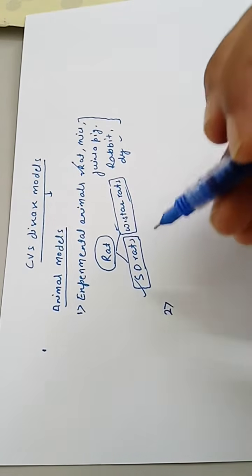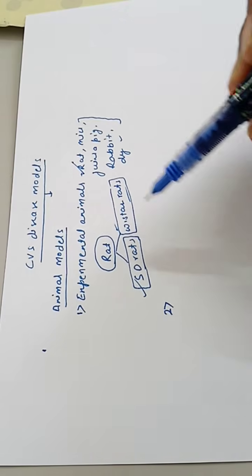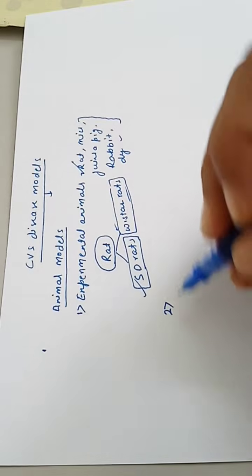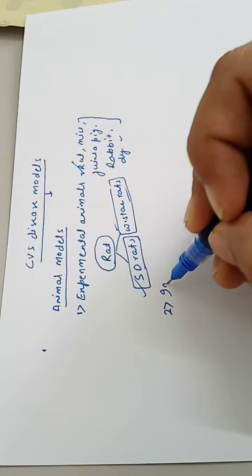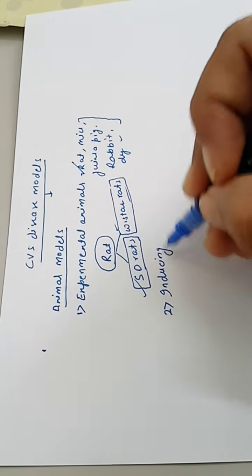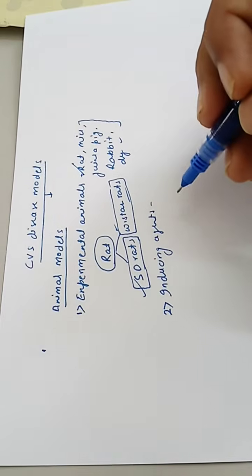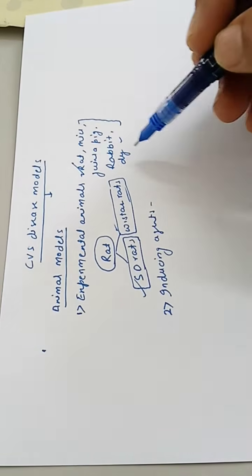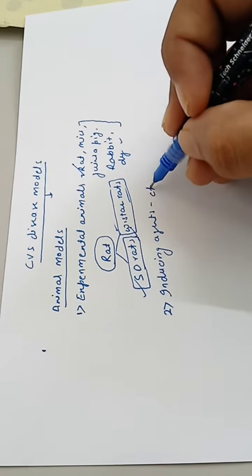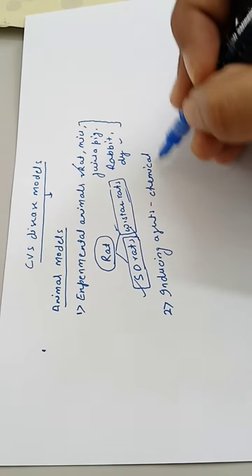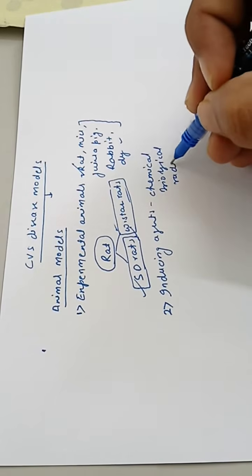Second thing is, if you have finalized that yes, this SD rat we are going to use, or Wistar rat, whichever rat you are going to use, then you should write about the inducing agents. Inducing agents means how you are going to induce that particular disease in that particular species of animal. It can be by injections of chemicals, biologicals, radiations, or any other things.